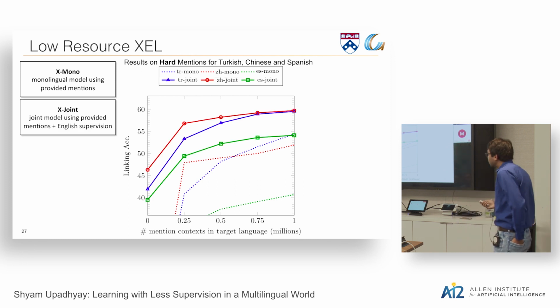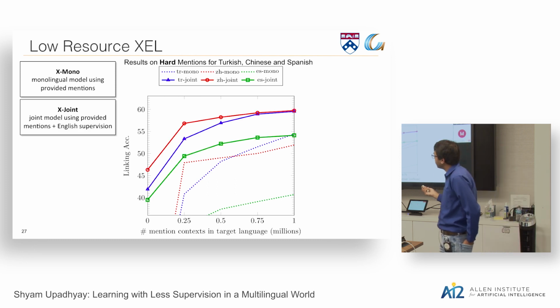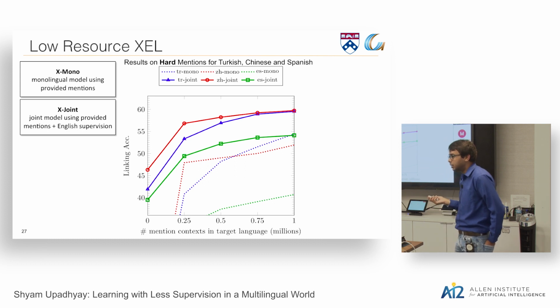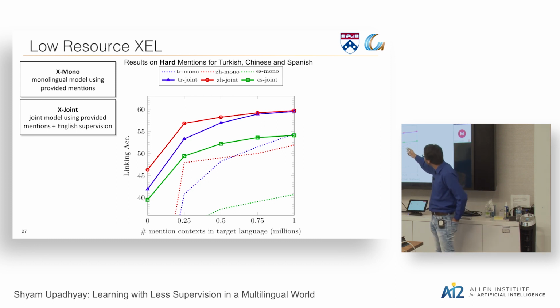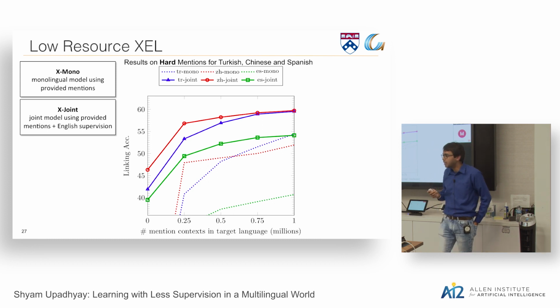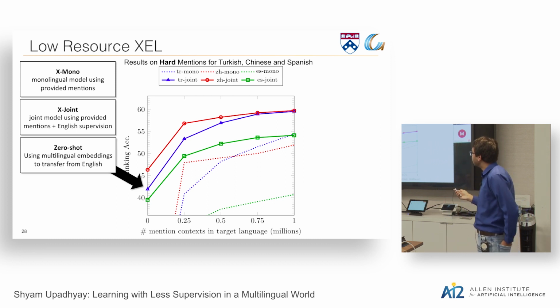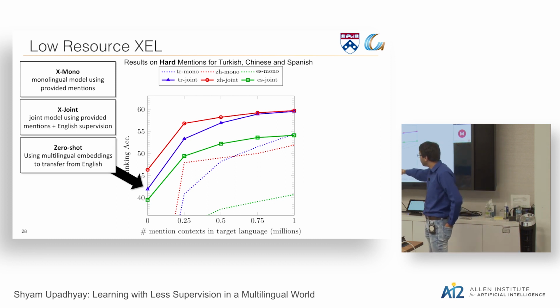However, if you compare this with the performance of a jointly supervised model, which uses additional supervision from English, you see a dramatic improvement. Compare the solid green line for Spanish with the dotted green line for Spanish. Another thing to notice here is the performance in the zero-shot setting, where you have 0 mentions, so on the y-axis.